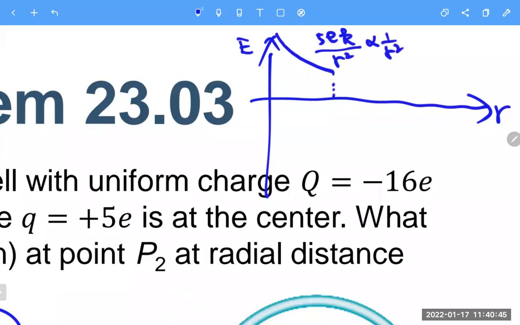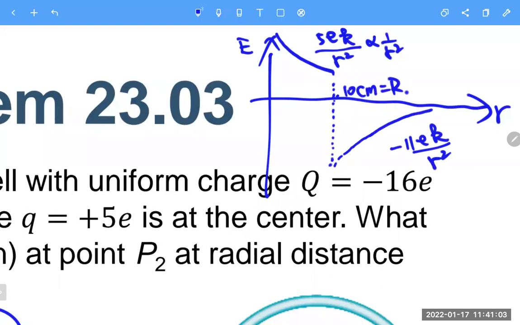And actually, this is 10 centimeter, which is capital R. And then here it suddenly jumps to negative 11ek all over r squared, something like this. Actually, this part is still inversely proportional to r squared.